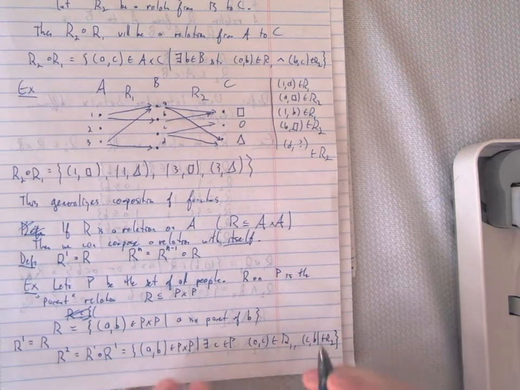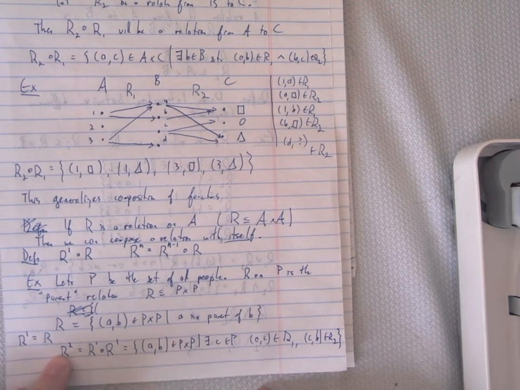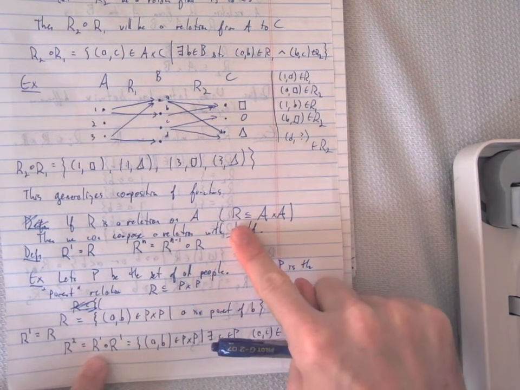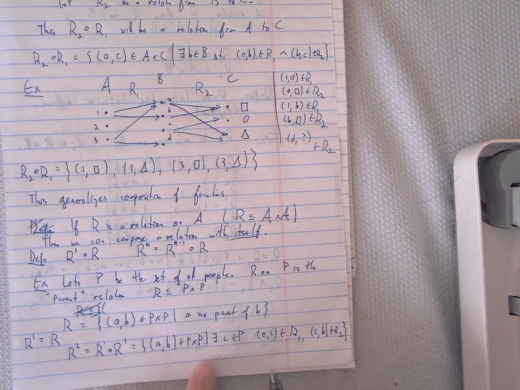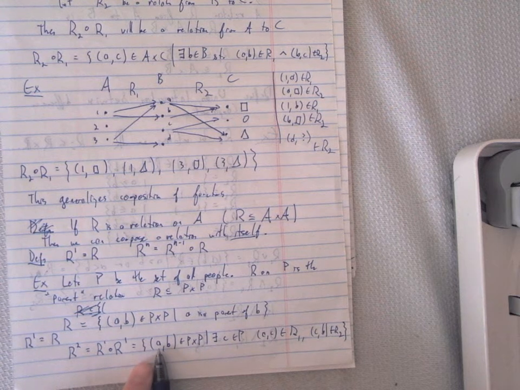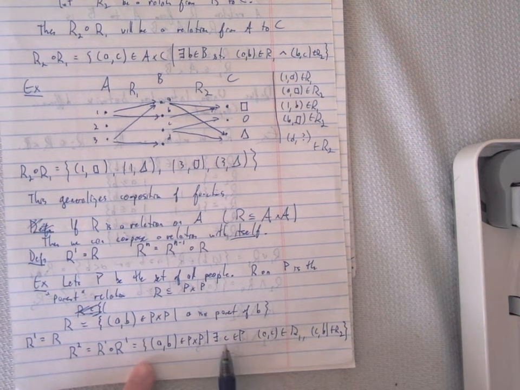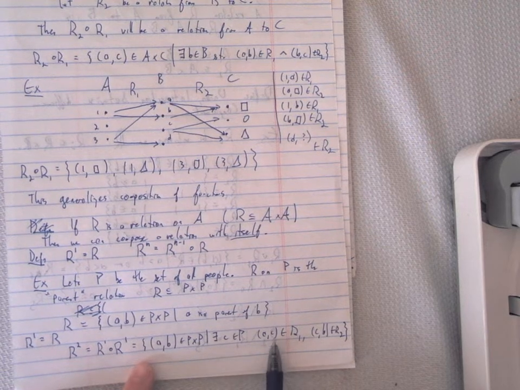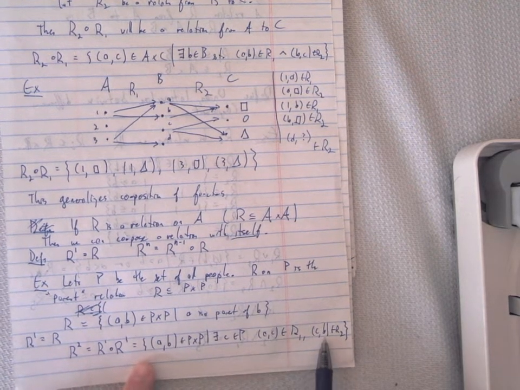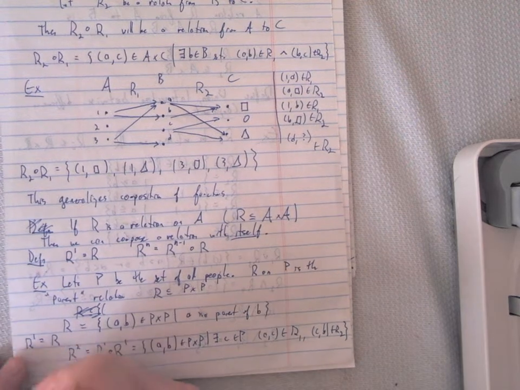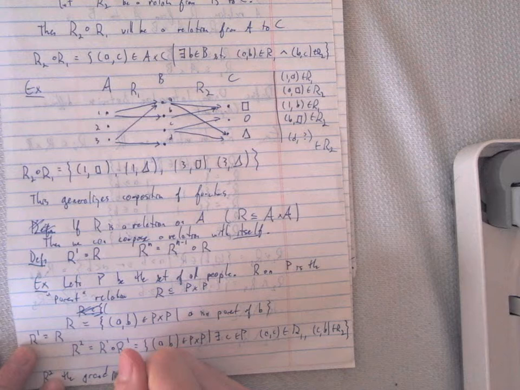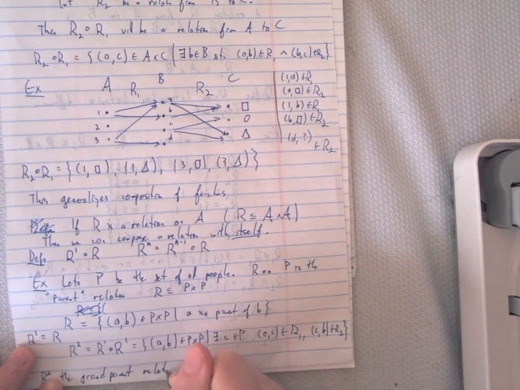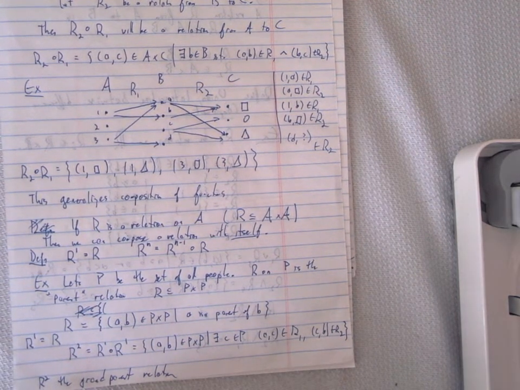This is just by the definition. First I said, what is R^2? By definition, it's R^1 composed with R^1. And then I just wrote down what is the composition of a relation. Okay. But if we parse out what this means, this is saying we're looking for all people A and B such that there exists a C, such that A is a parent of C, and C is a parent of B. So R squared is the grandparent relation. All the elements of R squared are pairs (A, B) such that A is a grandparent of B.